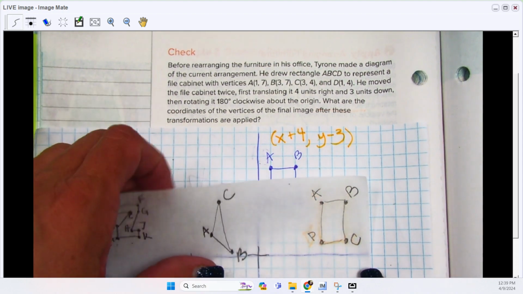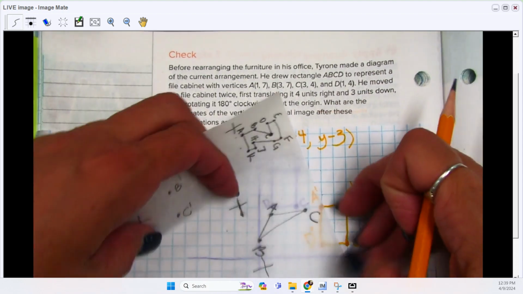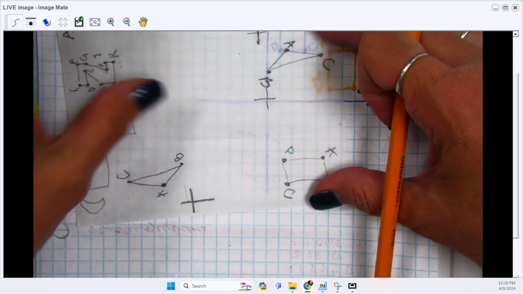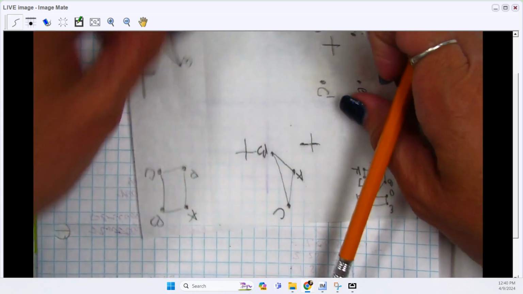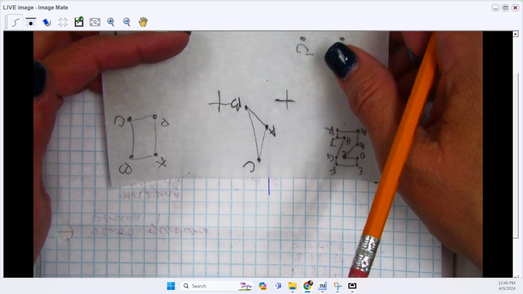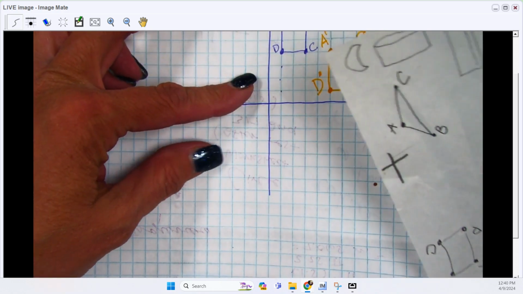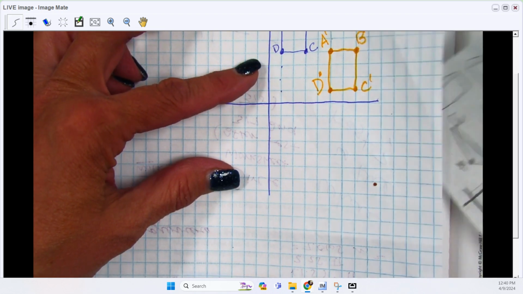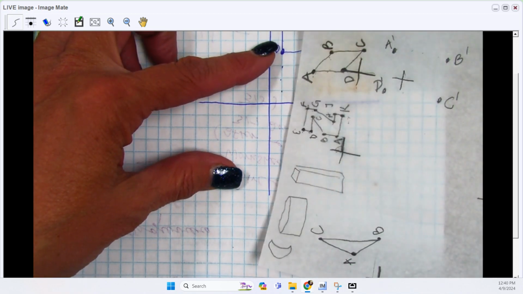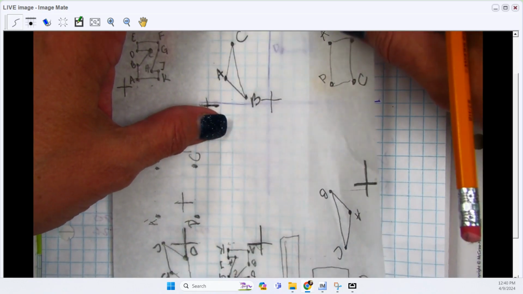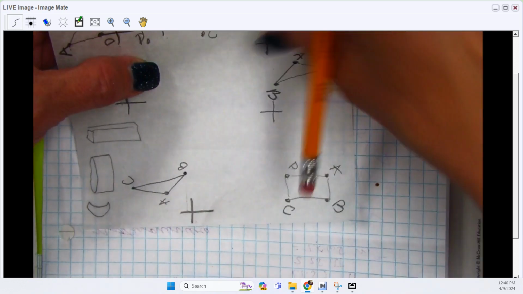So that means I'm going to go one turn, two turns. So I'm going to be down here. Hold on. I used the wrong thing. Where is my picture? Oh, it's this one. Okay. Go one and two.